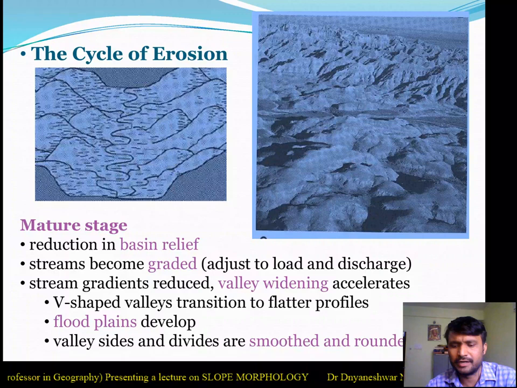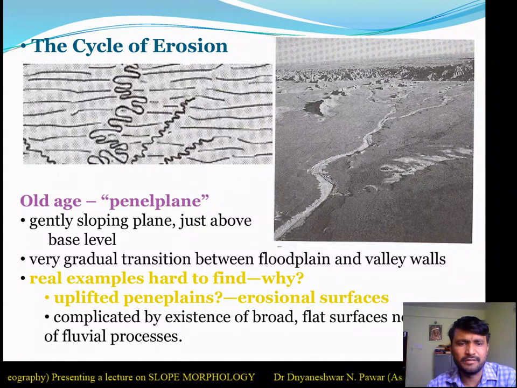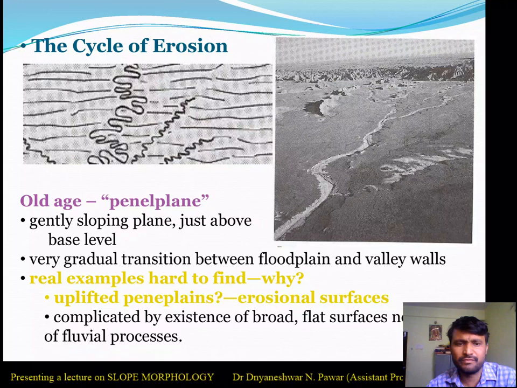The final stage of the cycle of erosion is the old stage to peneplain, a gentle sloping plain just above base level, with a very gradual transition between floodplain and valley walls. Real examples are hard to find.